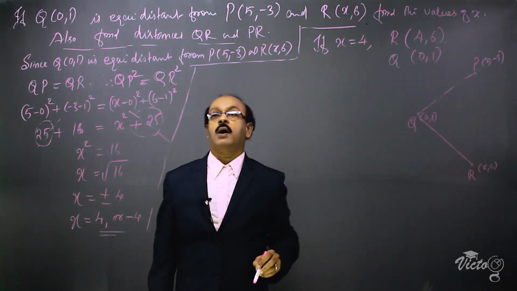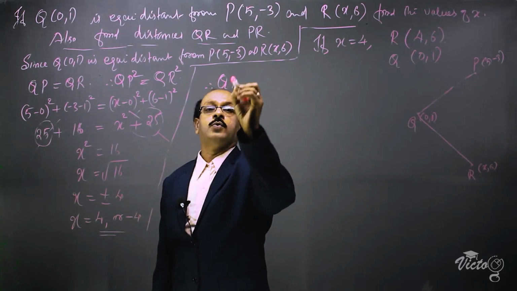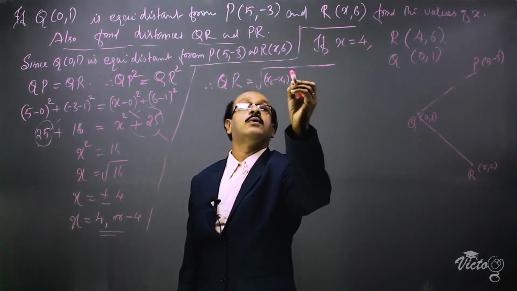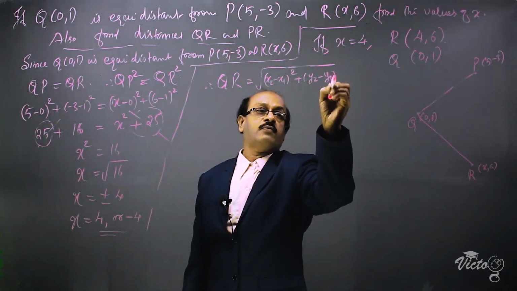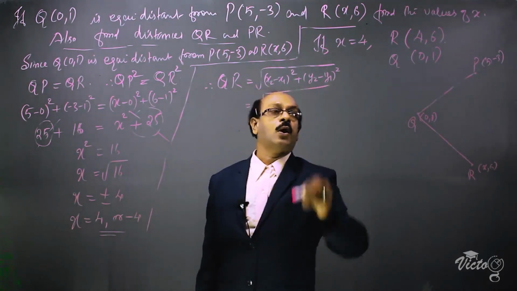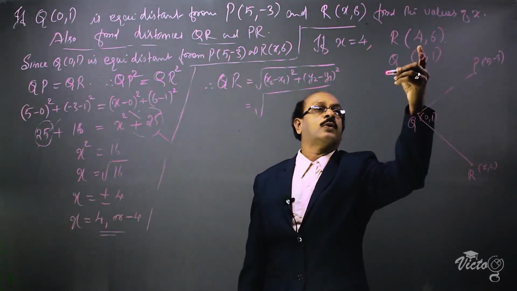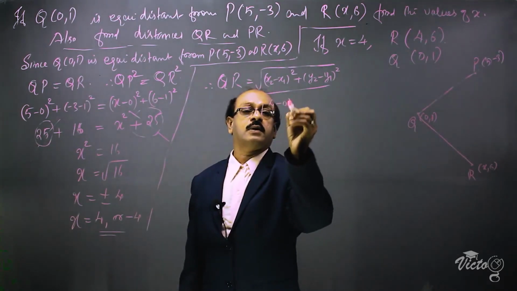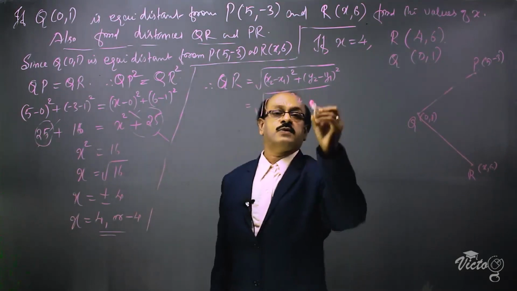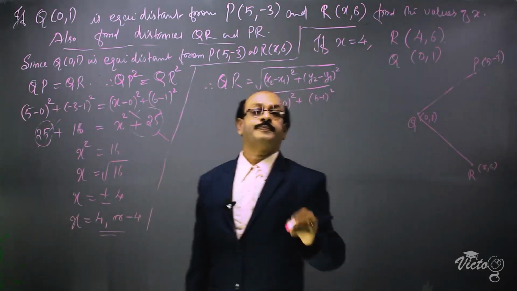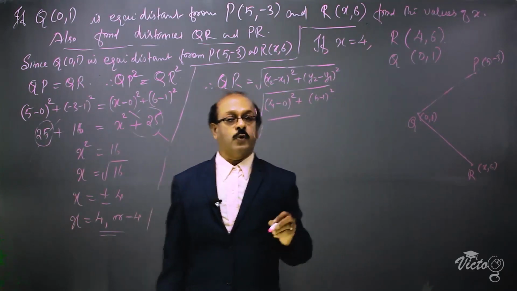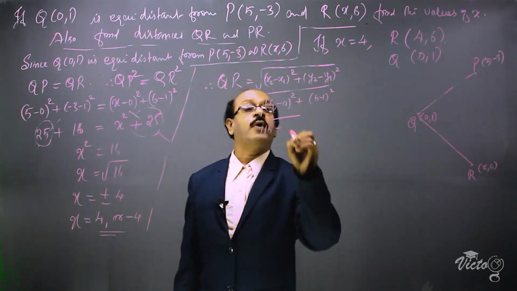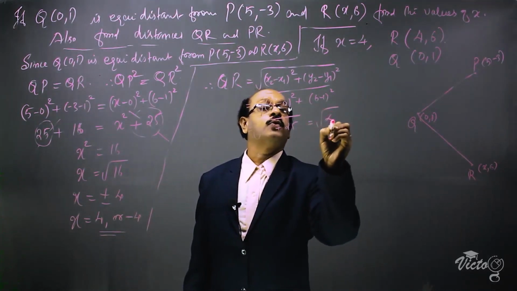The length QR is the square root of (x2 minus x1) squared plus (y2 minus y1) squared, which is the square root of (4 minus 0) squared plus (6 minus 1) squared, which is 16 plus 25, root of 41.